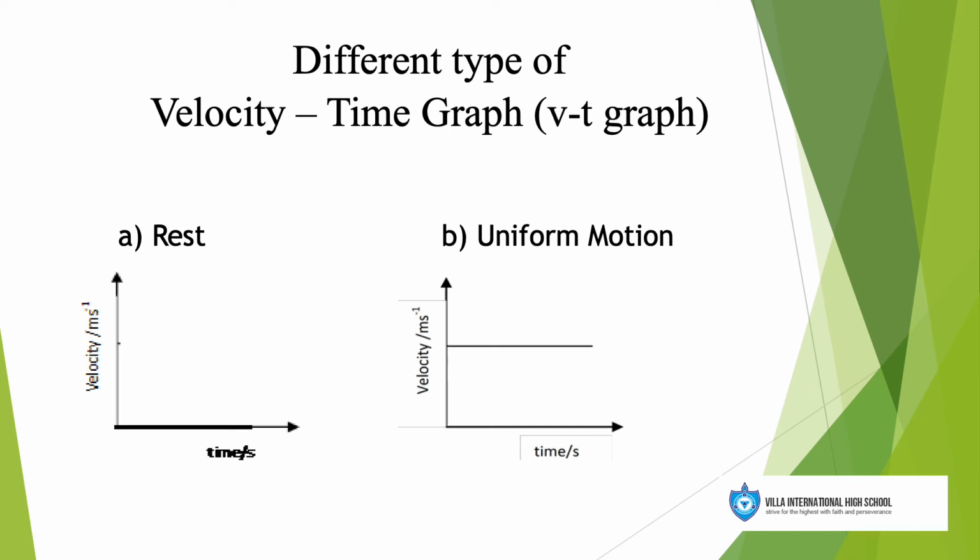Velocity is 0 means the object is not moving, so it represents rest. Second, uniform motion. Uniform motion means velocity is constant and there is no acceleration. So let's see. Here, the gradient is 0. Gradient 0 means acceleration is 0.